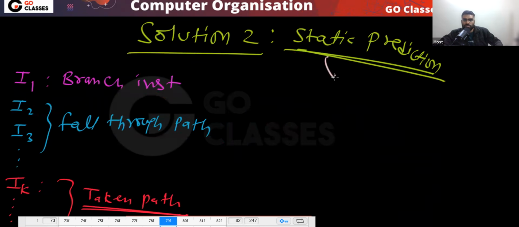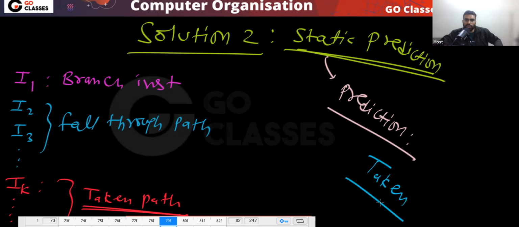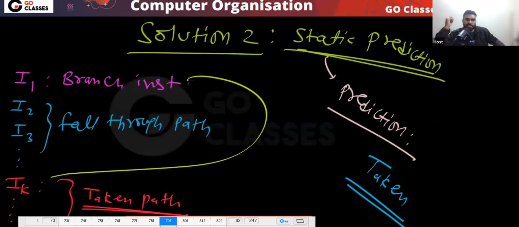Another possible prediction is what? That is taken. You are making this prediction every time, for every branch instruction, that it will be taken.